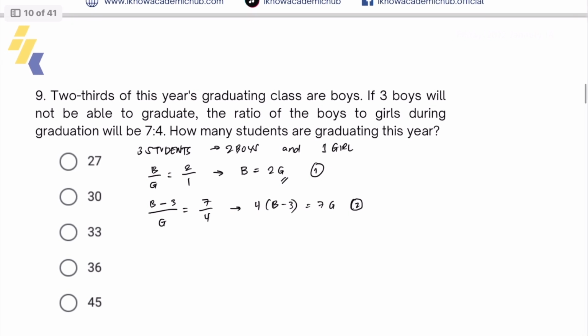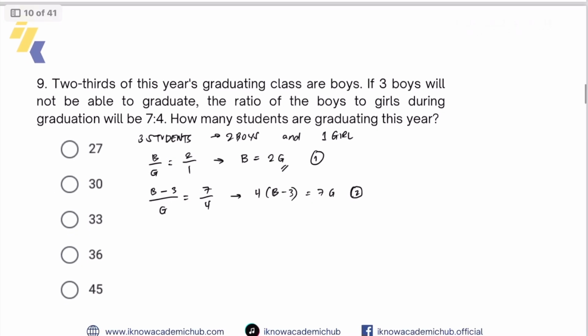We have 4 times 2G minus 3 equals 7G. And 4 times 2G is 8G minus 12 equals 7G. And 8G minus 7G is equal to 12. Thus, G is equal to 12.